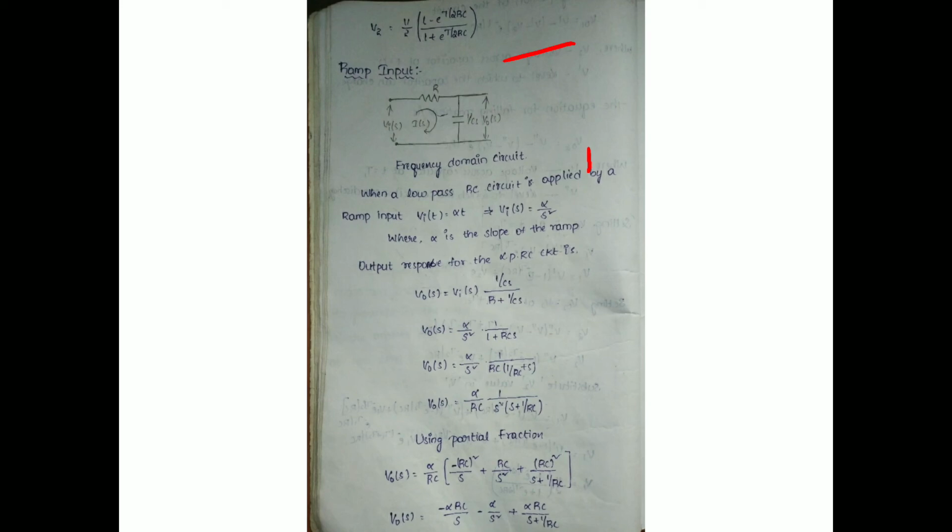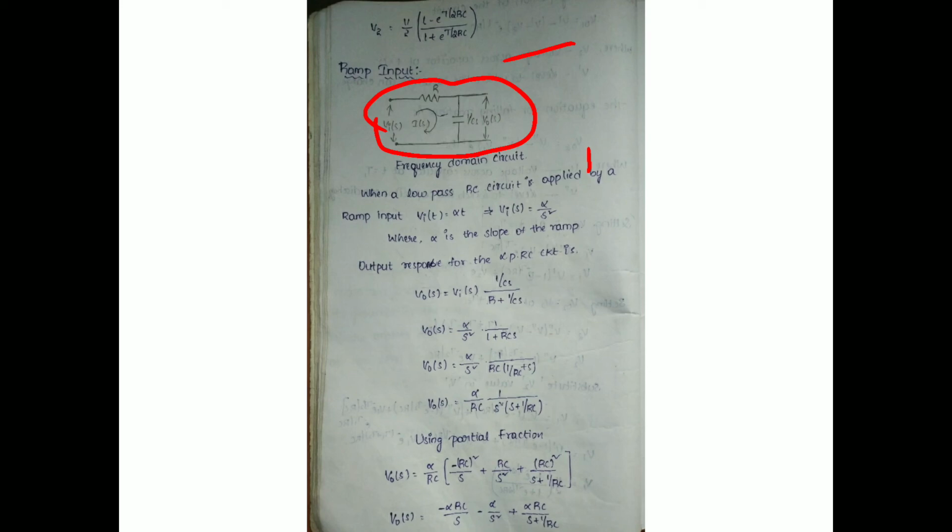The next input is the ramp input. When the ramp input is applied to the low pass filter, we apply the input signal to the resistor, which is connected to the capacitor, and the output is noted across the capacitor.